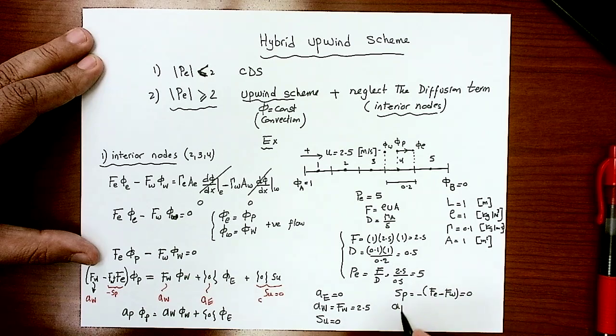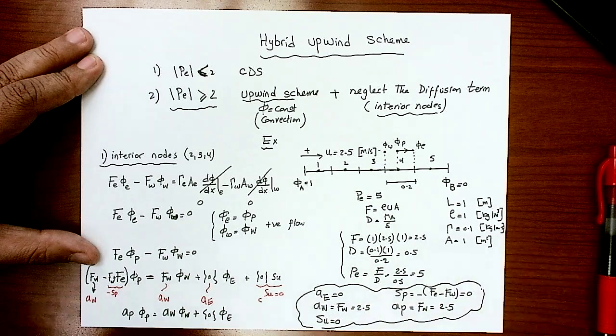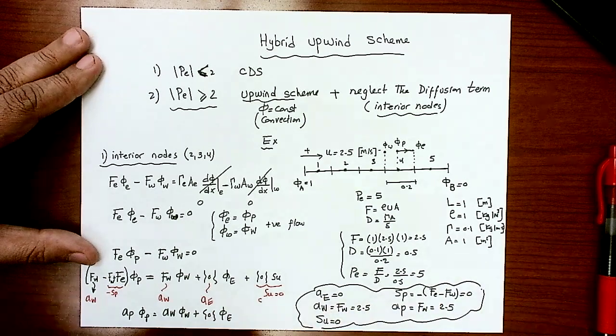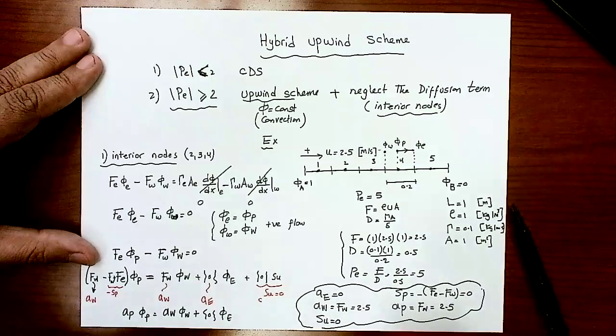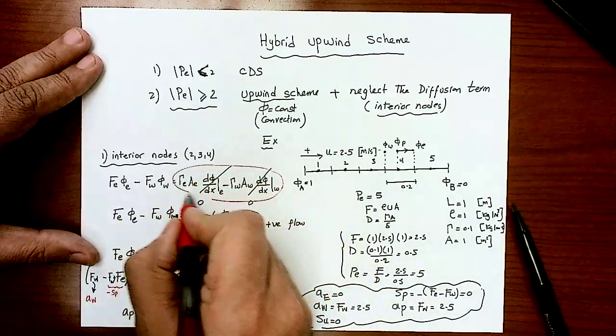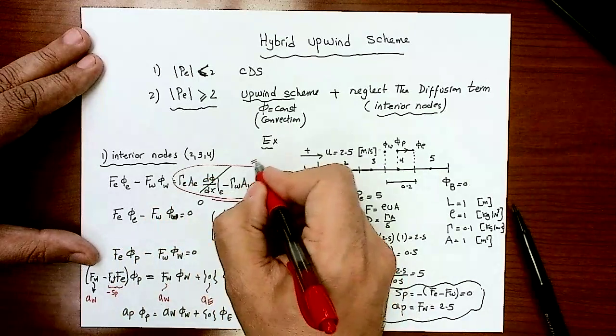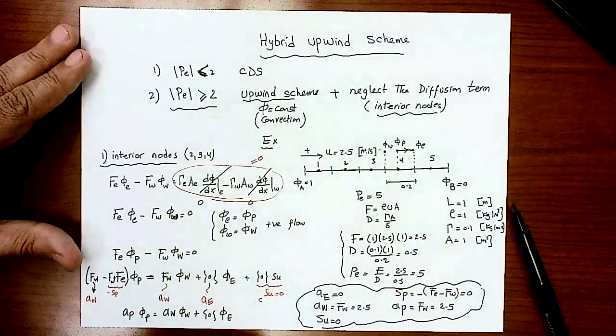What is my AP? AP is going to be the summation of all of that. This is 0, so it's going to be F west, which is equal to F, which is equal to 2.5. These are the coefficients for the interior nodes. You realize that this is the extra step that we took here, by eliminating this, setting it equal to 0, because this is the diffusion for the interior nodes.